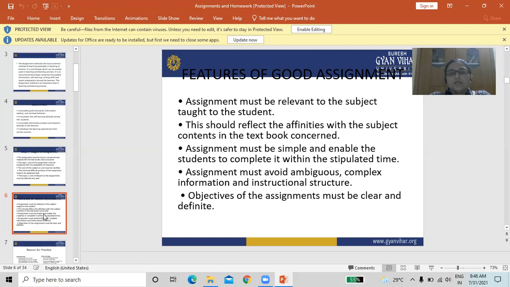Assignment must avoid ambiguous, complex information and instructional structure. Objectives of the assignment must be clear and definite.